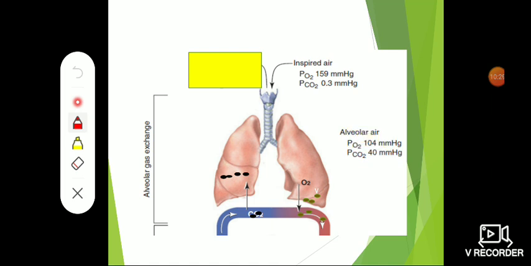Here you can see alveolar air has an oxygen partial pressure of 104 millimeters of mercury and PCO2 of 40 millimeters of mercury, because CO2 is constantly being released from the blood back to the alveoli and oxygen is being taken off. So even though inspired air has an oxygen partial pressure of 159 millimeters of mercury, at the alveoli it comes down to 104 and the CO2 level rises. Now this is constantly entering the blood. Now when we are expiring, see what is happening.